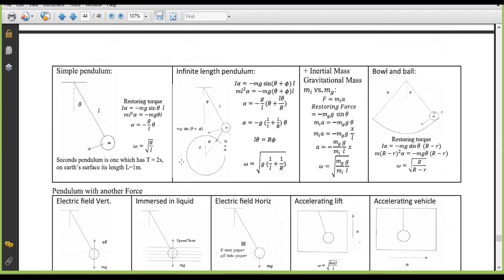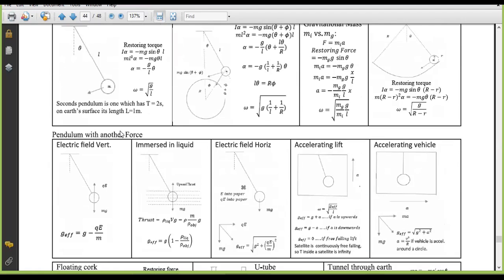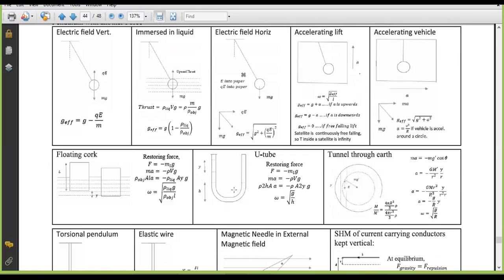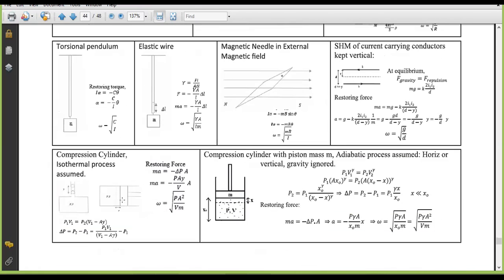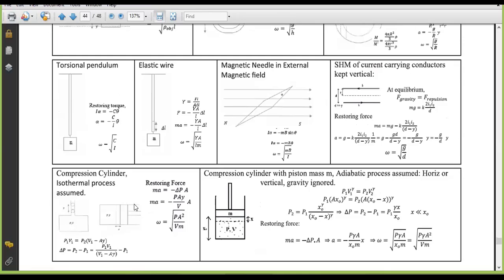Some of the things alone I'm going to discuss. 1, 2, 3, 4. So only 4 things I'm going to discuss.